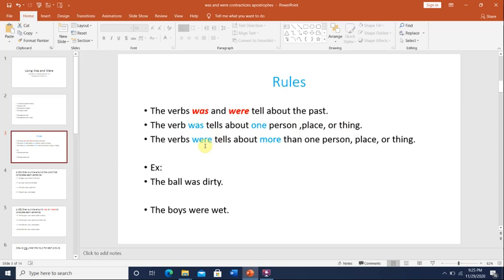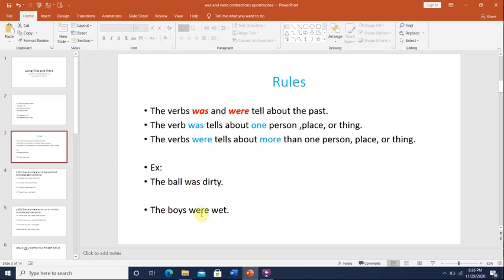So when do we use were? We use were when we tell about more than one person, place, or thing, also in the past. So if I want to say the ball was dirty, the ball is only one ball, was dirty. So that means the ball was dirty already, something that already happened. The boys were wet. So when do we use was and when do we use were?